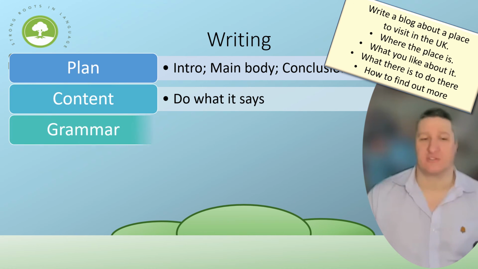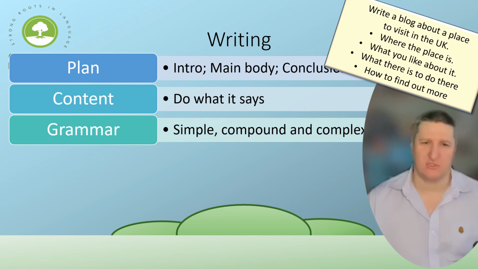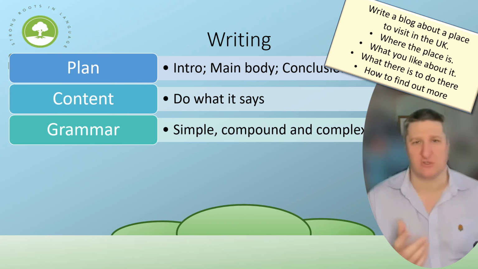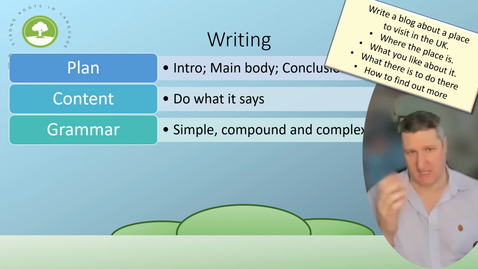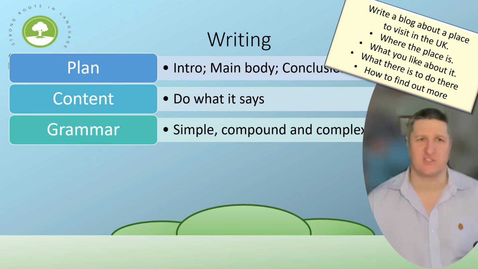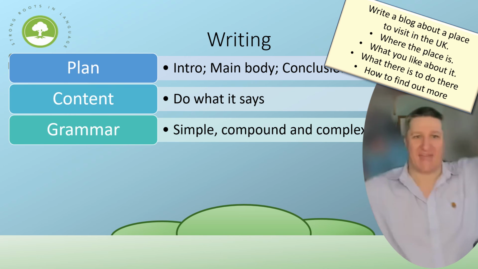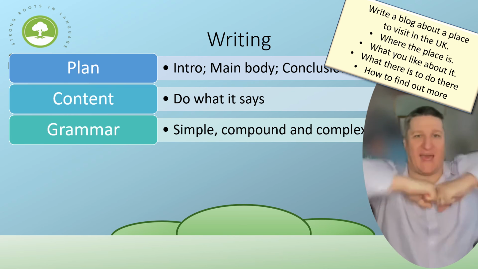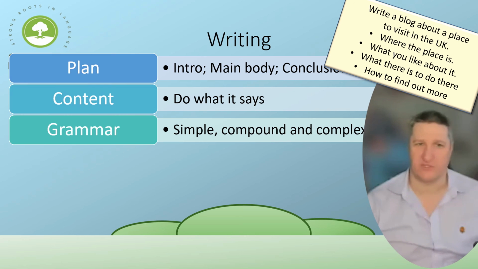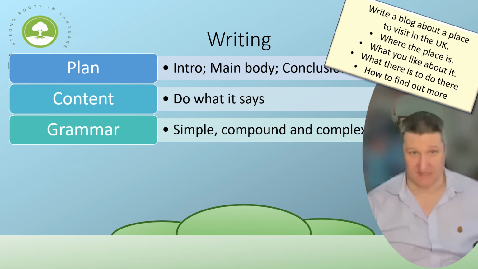You'll also be marked on grammar, particularly simple, compound and complex sentences. So that is one independent clause in a sentence, 2 sentences joined with and or but, and a sentence with a supporting thought and a supported thought, as I discussed on the last slide.